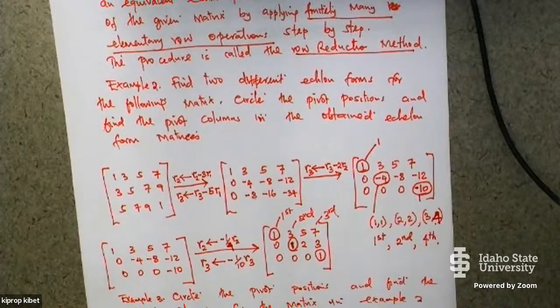In example 2, circle the pivot positions and find the pivot columns.